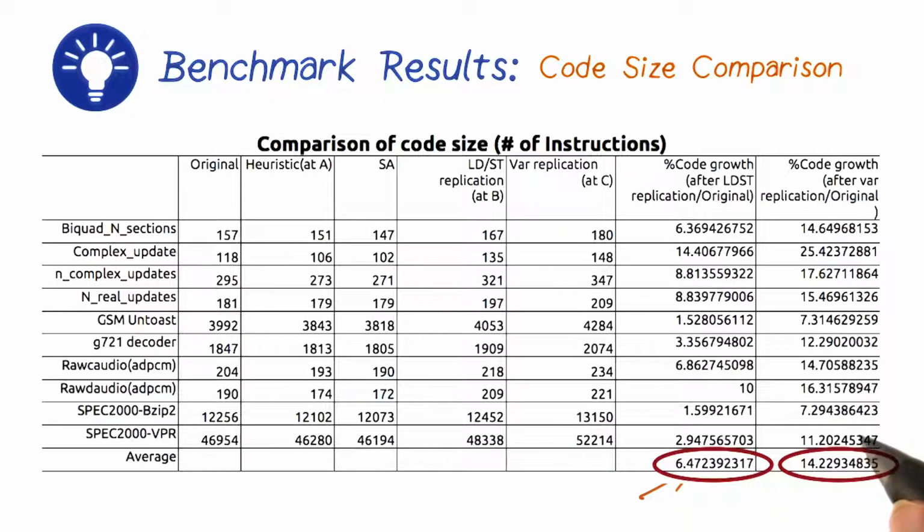However, if we do both, that is, if we replicate the variables as well as the instructions, the code growth can go up to 14%. So in other words, the code could become bigger, but of course the performance could also be better. In the earlier case, the code is just becoming bigger by 6%, whereas if we do full scale optimization, it could become bigger by 14%.